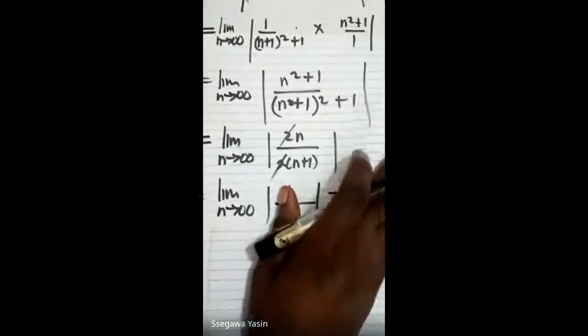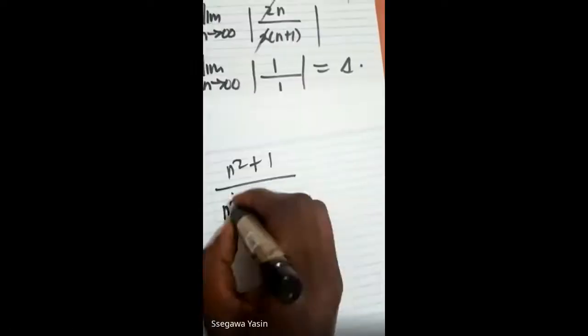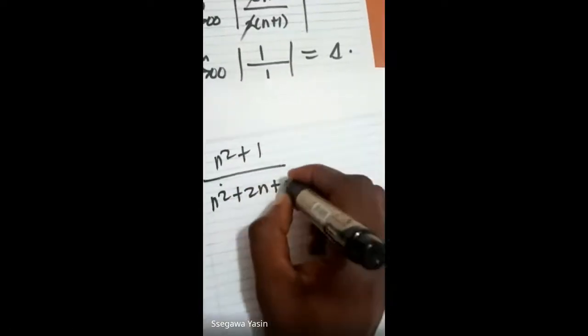Excuse me. When I reach that part of n squared plus 1 and I open brackets, can't I just divide the top and bottom by n squared? It is still getting you the same thing. When you expand it, over n squared plus 2n plus 2.